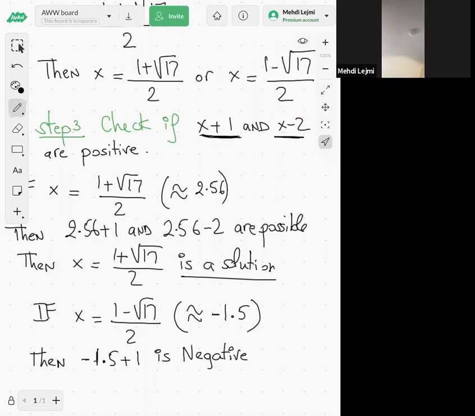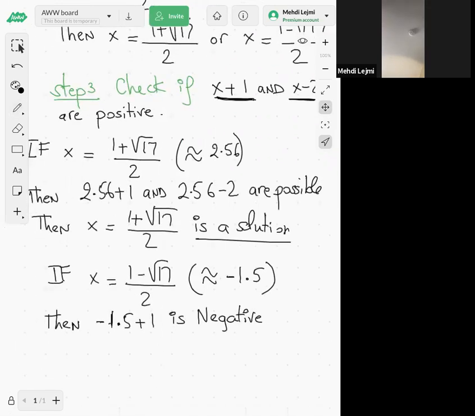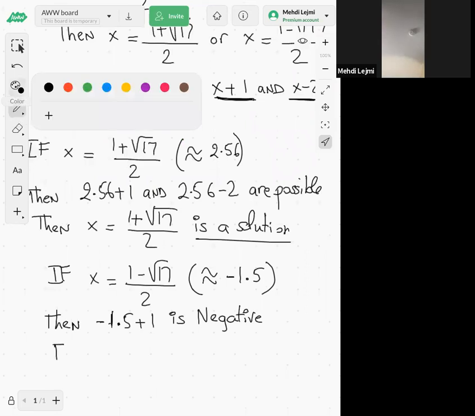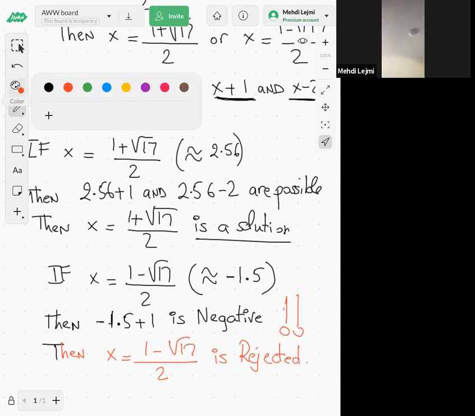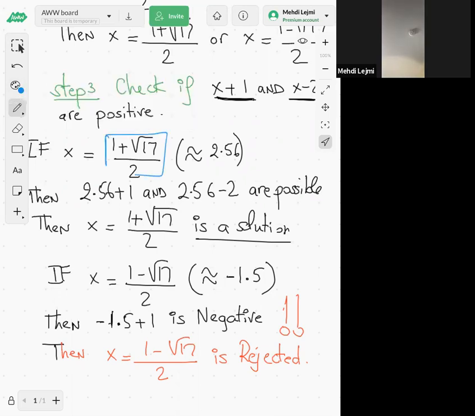So x equal to 1 minus square root of 17 over 2 is rejected, because my x plus 1 is going to be negative, not positive, and that's not possible. That's undefined. So then, final answer, I got only one real solution, which is 1 plus square root of 17 over 2.